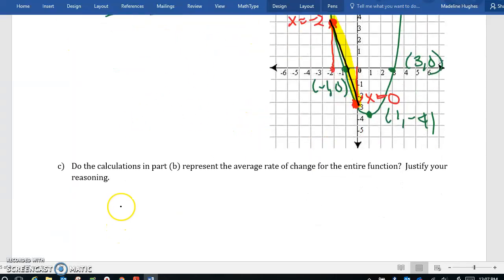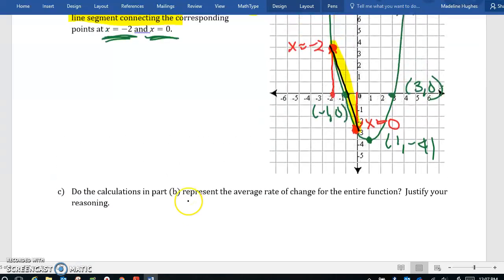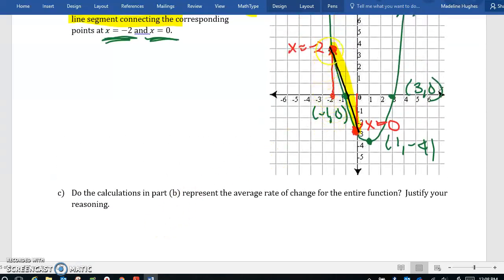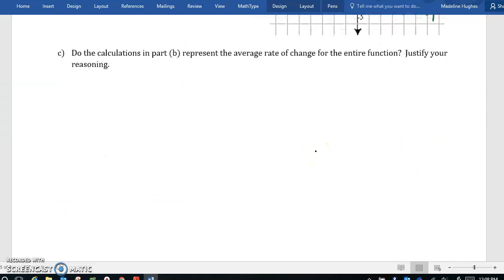Now C says do the calculations in part B, which we just did, represent the average rate of change for the entire function, justify your reasoning. Right, so is this line we drew in part B the average rate of change for this whole function? No, that's only the average rate of change between x is -2 and x is 0. So we're going to explain that here.